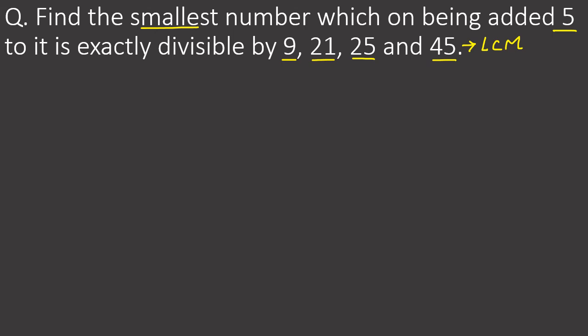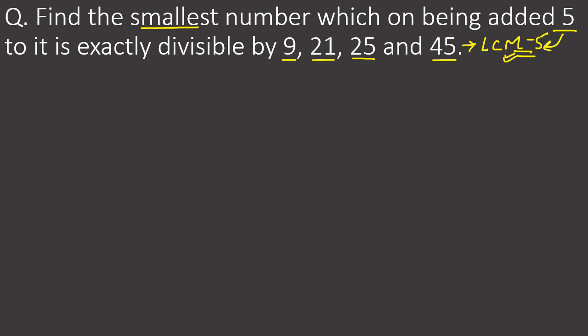But in this question we have to find that smallest number which on being added by 5 means we have to add 5 in that number to make it exactly divisible by 9, 21, 25 and 45. So firstly we will find the LCM of these numbers. After that we will subtract 5 from that LCM to get the smallest number which is required in the question.